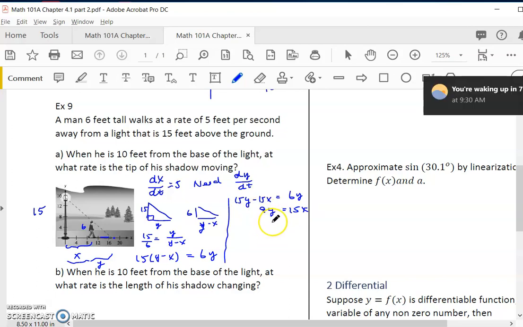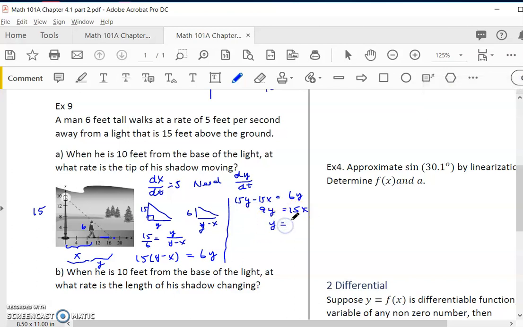So that means we can actually relate x and y now. We can say y is 5 over 3 of x. And if we take d/dt on both sides, dy/dt is 5 over 3 of dx/dt.